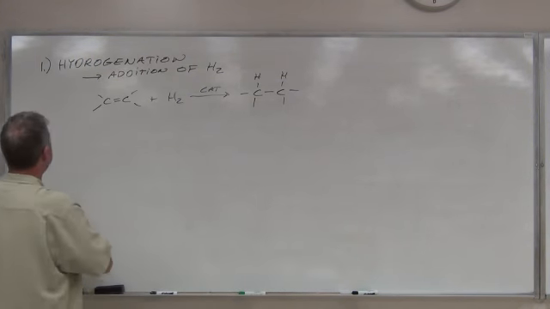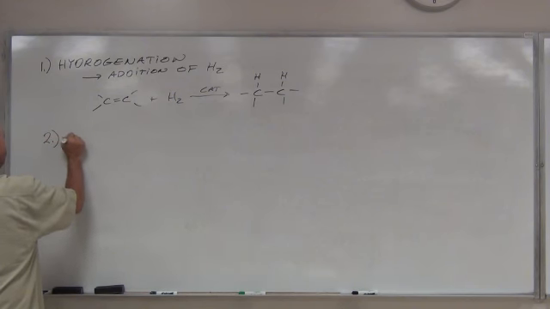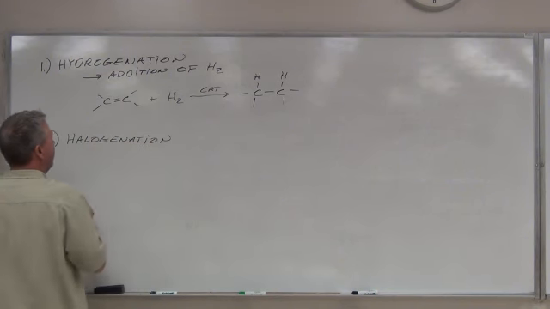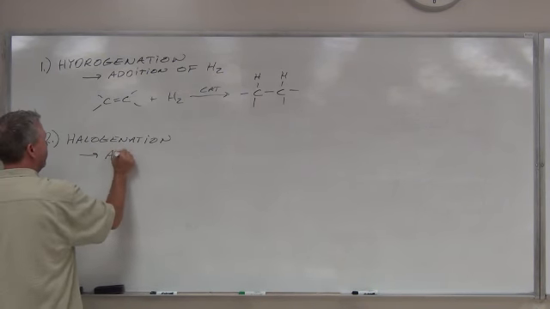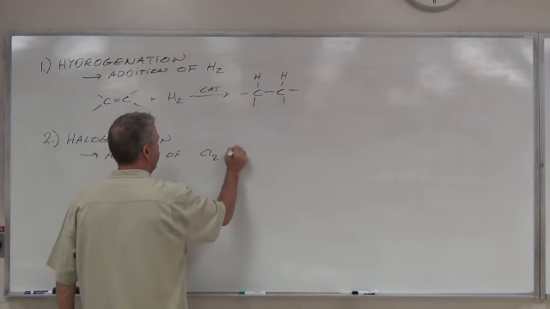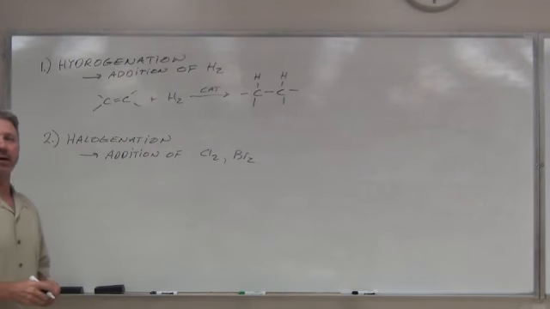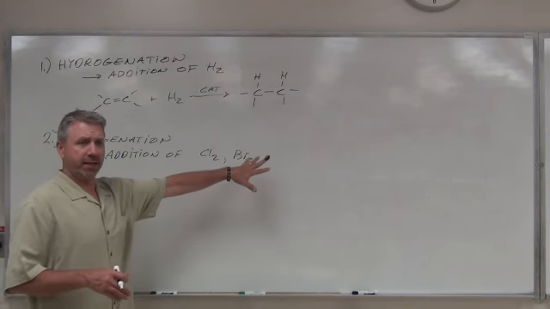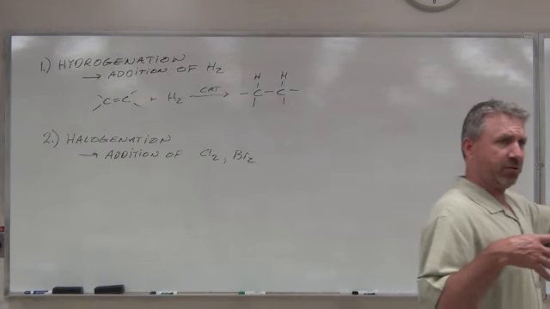Halogenation. This will be the addition of Cl2, Br2 primarily. We're going to stay with Cl2. That's usually what it is. Okay, the I2 is too big, the F2 is too small.